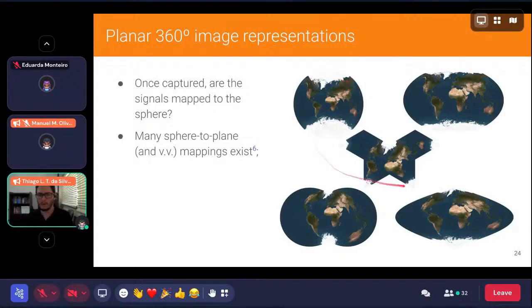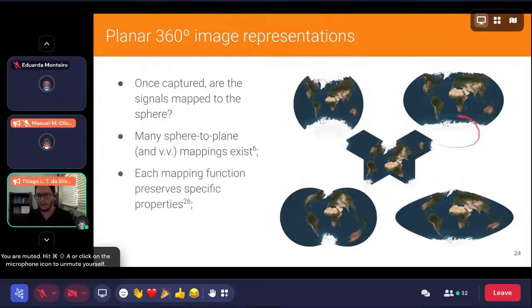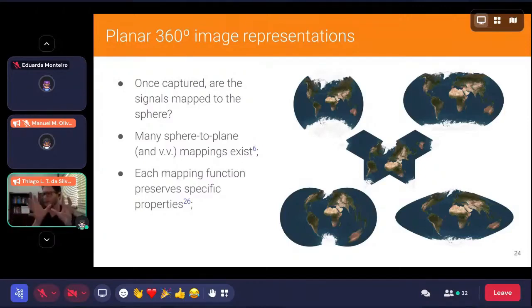Some circular, others with a complex shape, or not so familiar. Each mapping preserves some properties when mapping the information from the sphere to the plane, and vice versa.